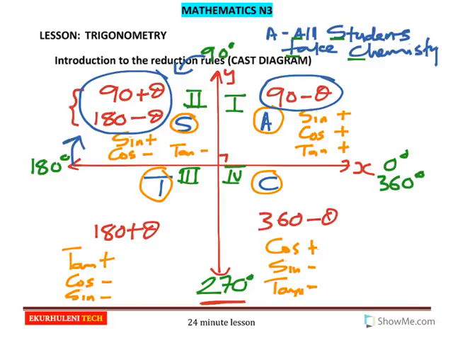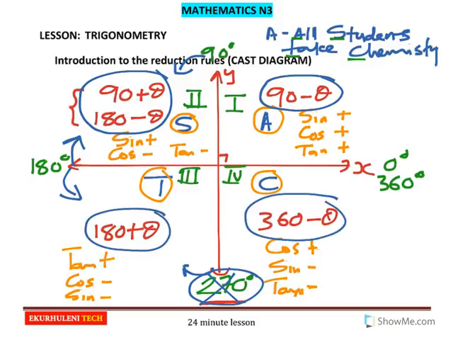In quadrant number 3, we are after 180 degrees but less than 270 degrees, which is 180 plus theta, but don't involve 270. We don't put it in our reduction rules or in our cast diagram. That's why we've got 180 plus theta. The last one, we are after 270, but we are less than 360, which is 360 minus theta.